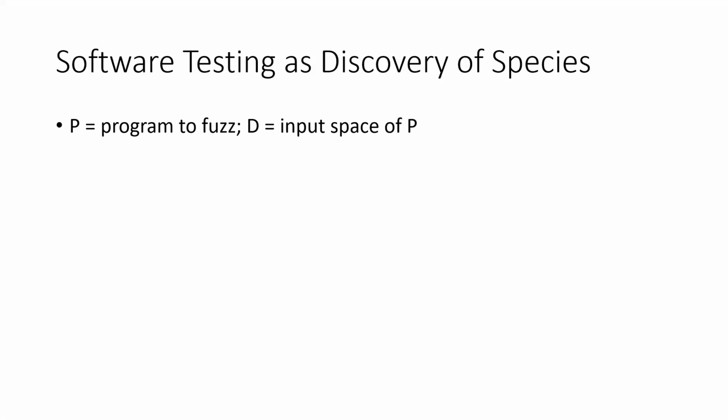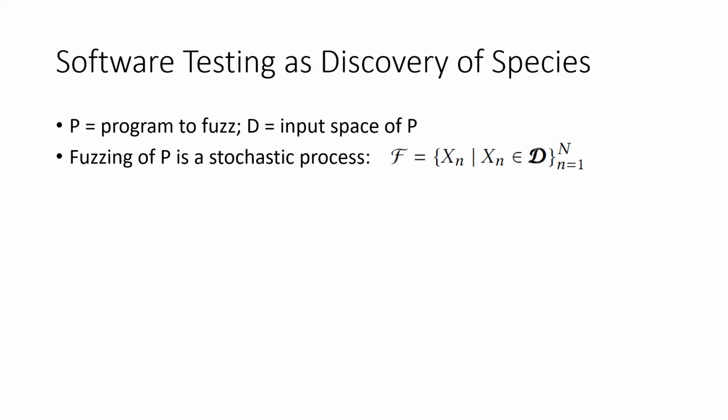P is the program to fuzz, and D is the input space of the program. They look at fuzzing of a program as a stochastic process, where you're sampling n inputs with replacement.